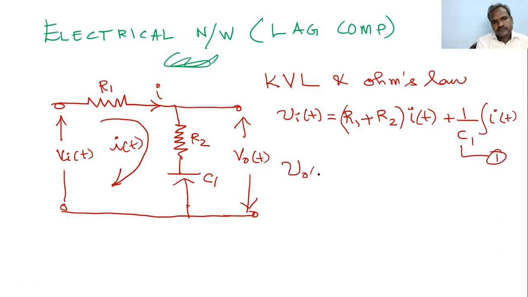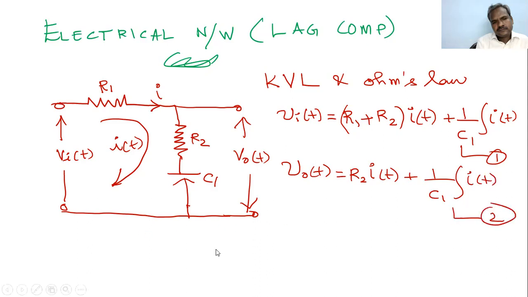Then what is V naught of t? That is the output across R2 and C1. So R2 i of t plus 1 by C1 integral i of t. Let us call this equation number 2. Now apply the Laplace transform to both equations.